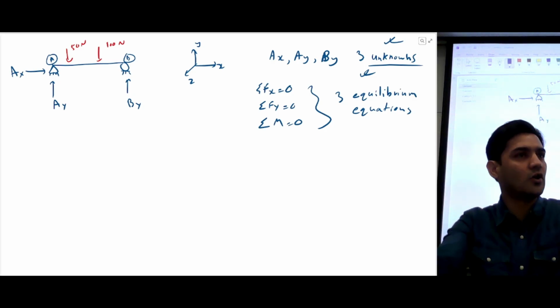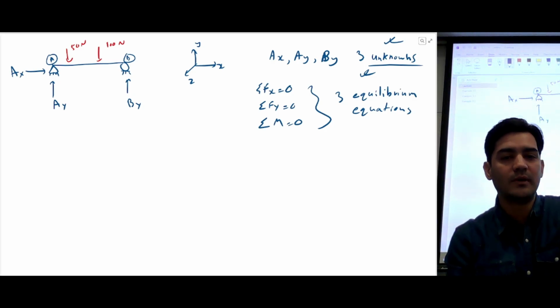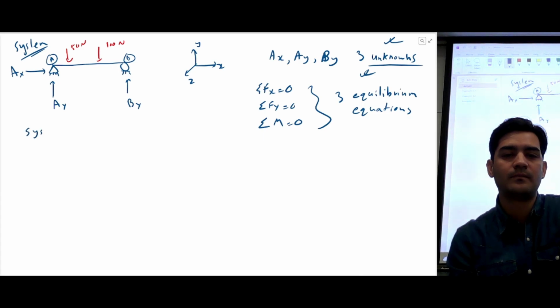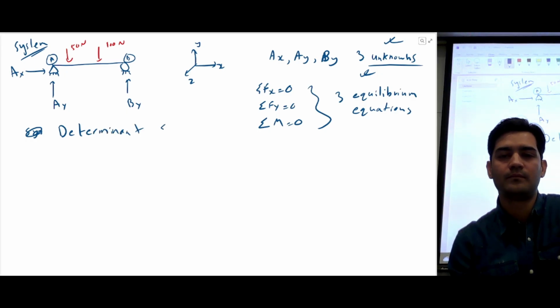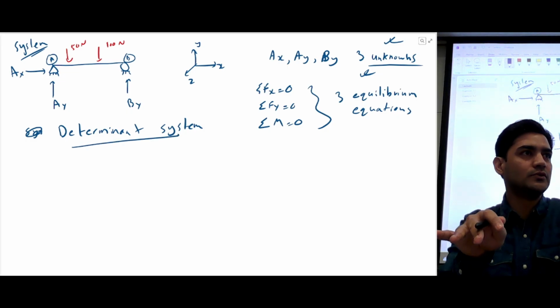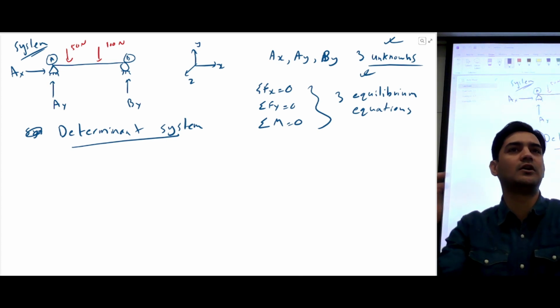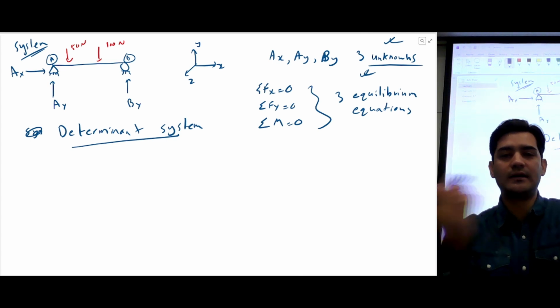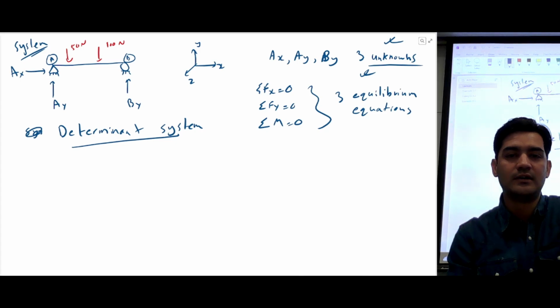So if you can solve the reaction loads by using equilibrium equations, then this system is a determinate system. And why is it a determinate system? Because you could solve all the reaction loads you needed to solve by just using the equilibrium equations. So if you can do that, then this system is called a determinate system.